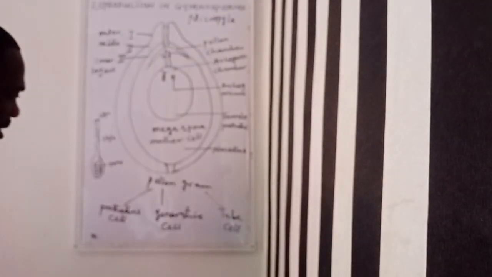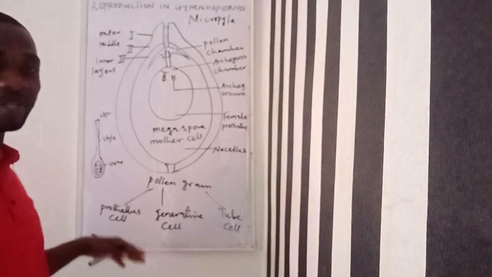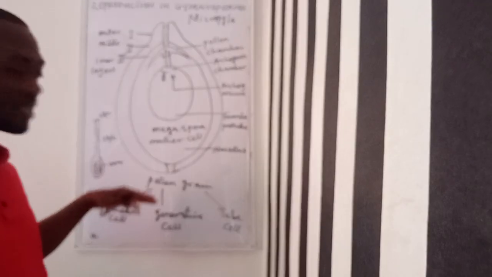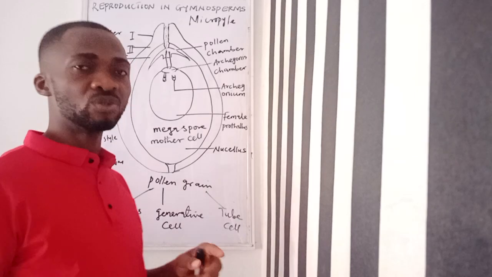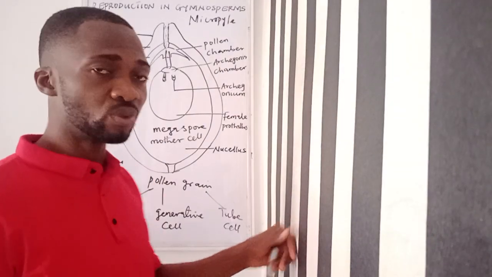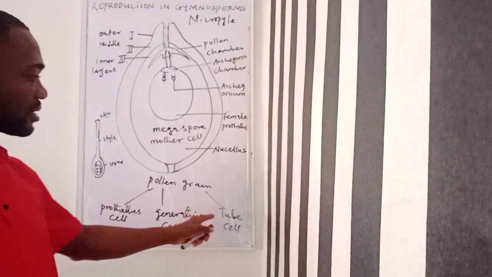Remember, I already said that the generative cell will divide into stalk cell and body cell. The stalk cell is sterile and will soon degenerate. Then the body cell forms the two spermatozoids, or the two male gametes. All these things are still within the pollen tube.